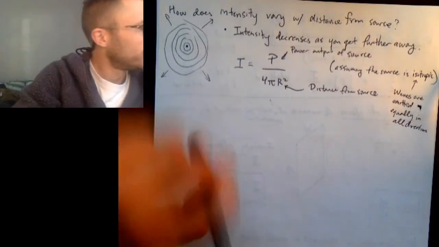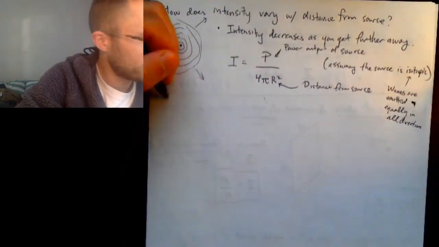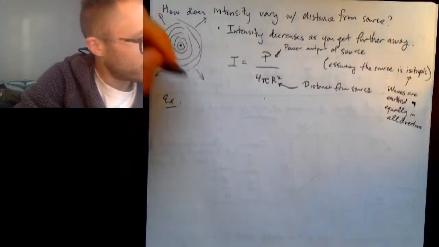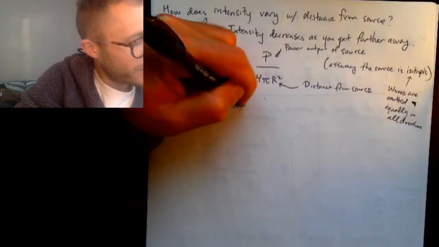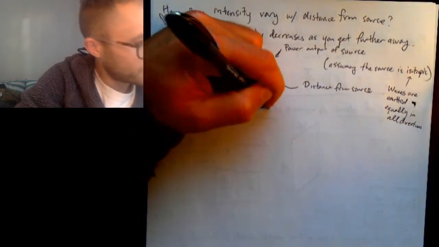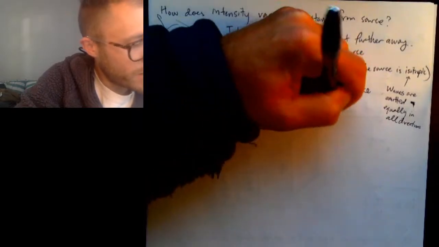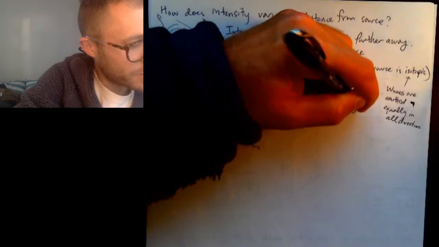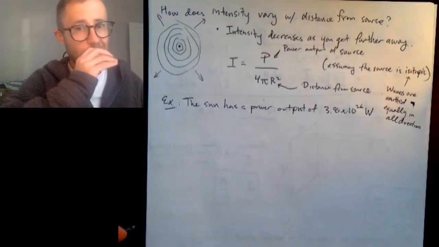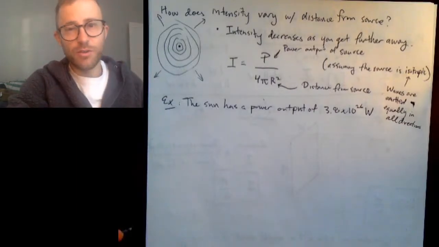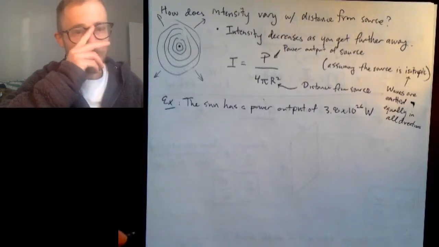Okay, so let's do an example of using this formula. The sun has a power output of 3.8 times 10 to the 26th watts. So that is an incredible amount of energy, okay?